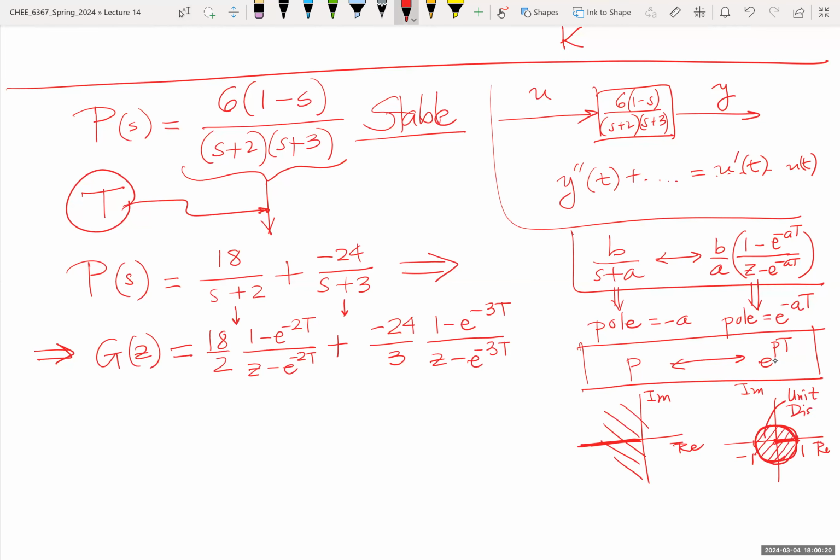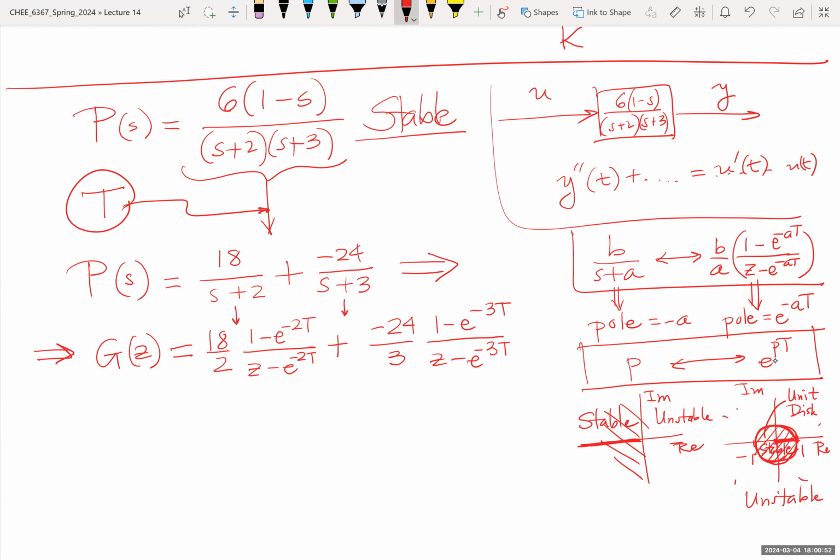It's a disk that has radius 1. And if a discrete time pole is there, then we have a stable behavior. If it's outside anywhere, we have unstable. So outside is unstable, inside it's stable. In continuous time, this is unstable, this is stable.